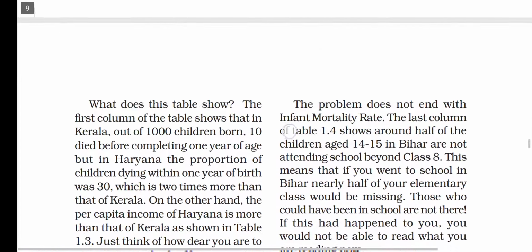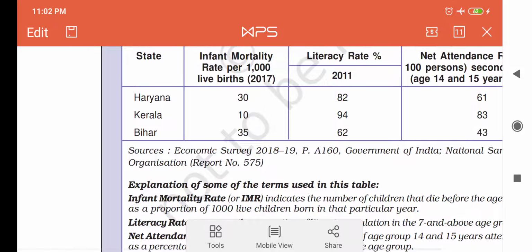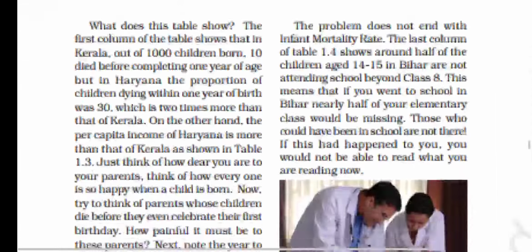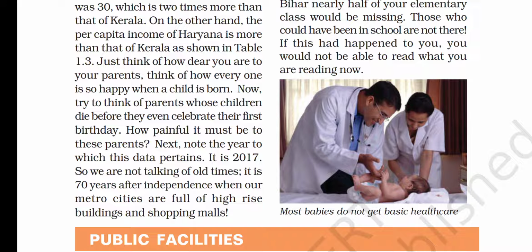So moving on, what does the table show? The first column, as we have already seen, Kerala, out of 1000 children, 10 died. Kerala has the lowest infant mortality rate, highest literacy rate, and even the highest net attendance ratio. If we are supposed to consider these terms over income, which state are we supposed to choose? Definitely Kerala.